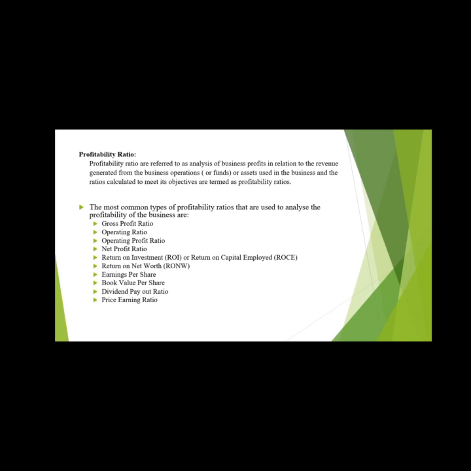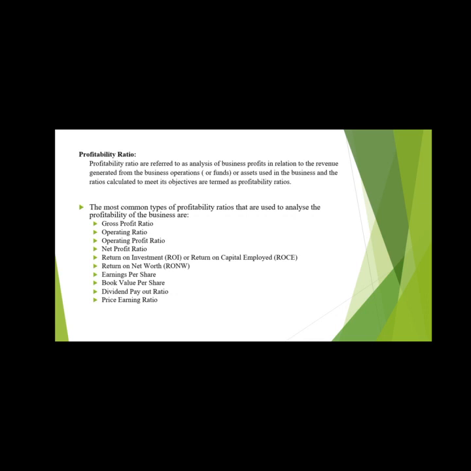The last one is profitability ratio. Profitability ratio refers to the analysis of business profits in relation to the revenue generated from the business operations or assets used in the business, and the ratios calculated to meet its objectives are termed as profitability ratios.